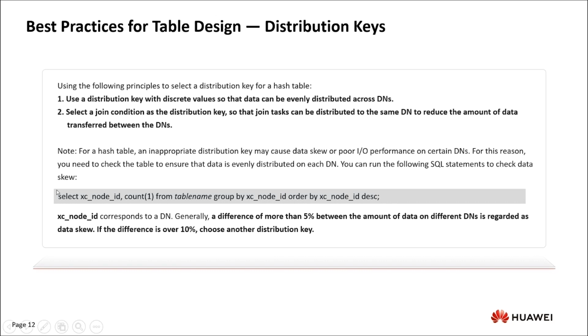And we can simply execute this SQL statement to check whether the data is skewed. So here, if you get a result that is larger than 5%, then it can be considered as a data skew. And if the result is more than 10%, we need to choose another distribution key.